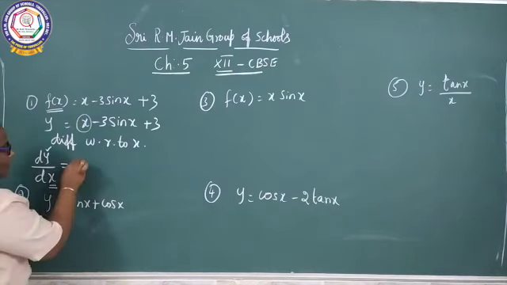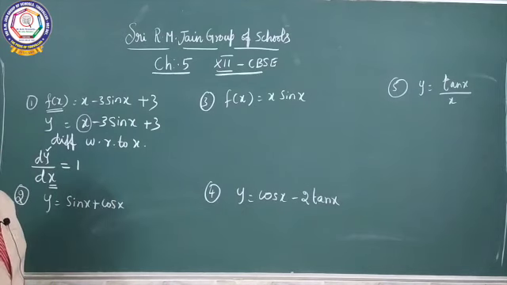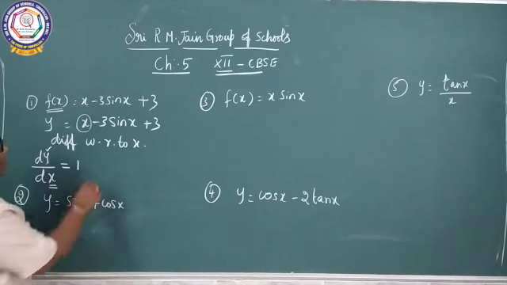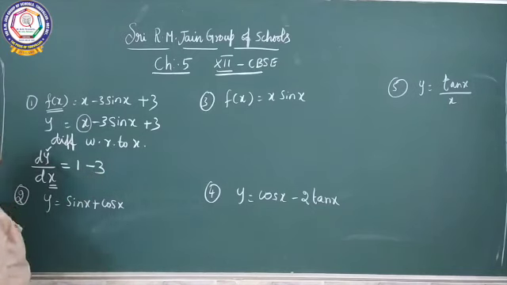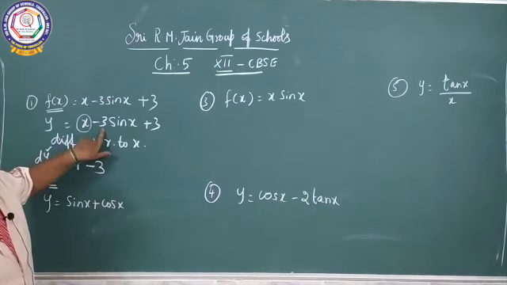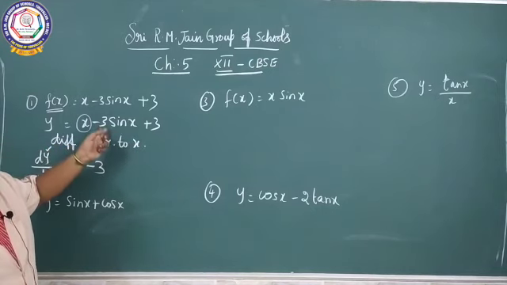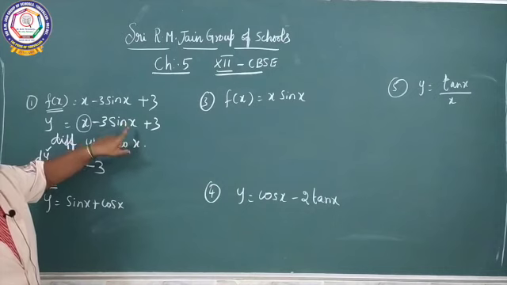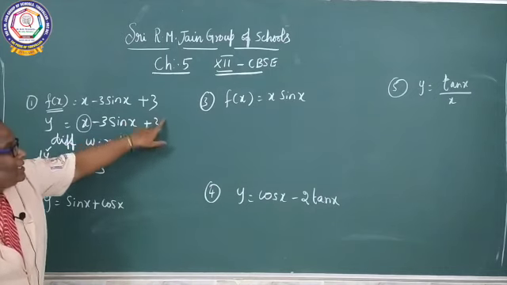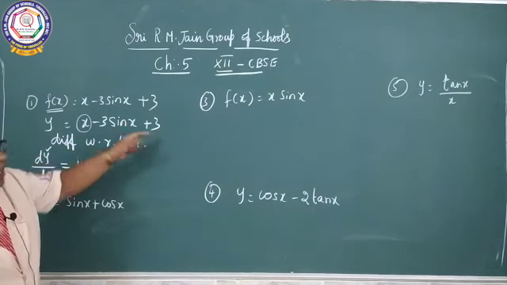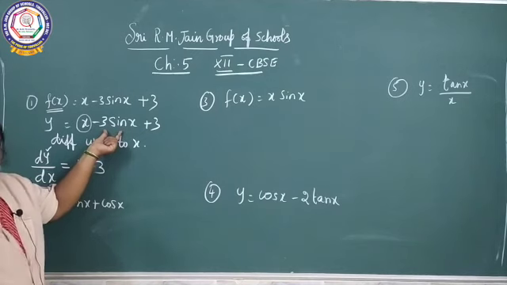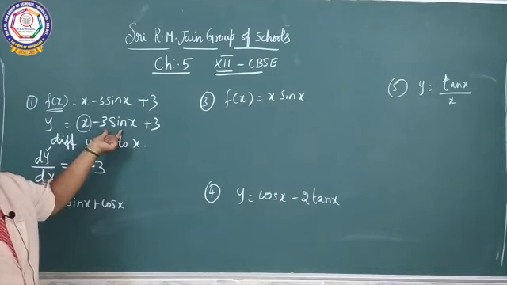See here, dy by dx equal to, what is the differentiation of x? 1. You learn the formulas by heart. Differentiation of x is 1, minus 3 into, this 3 is a constant, but sin x is there. 3 sin x is not a separate term, it is a trigonometric term.